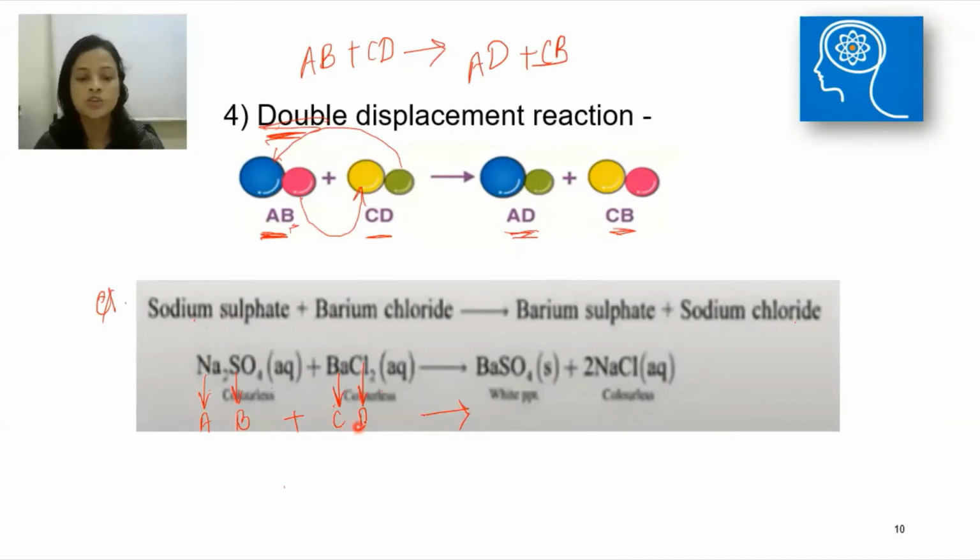There is an exchange of position of two elements. B shifted towards C. So what will be the product here?